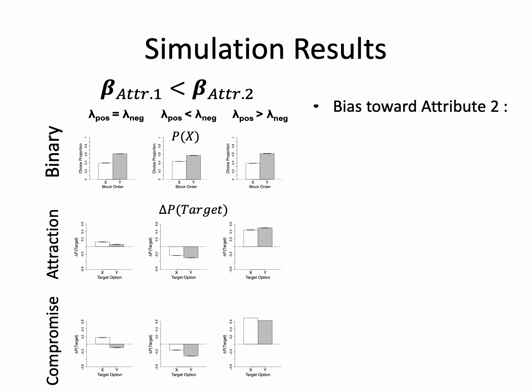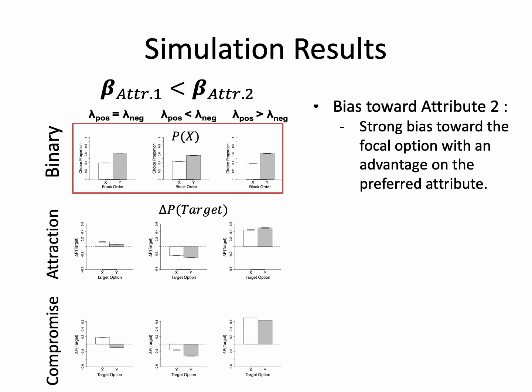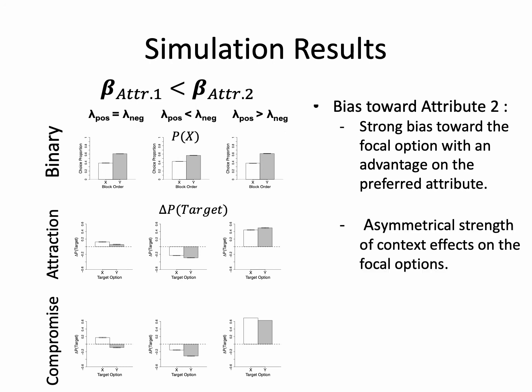When bias toward attribute 2 was introduced into the model, a clear preference for the focal option with advantage on the preferred attribute is observed. Context effects still emerged, but the strengths of the context effects were asymmetrical. Moreover, if the sensitivity to the advantageous comparisons was relatively stronger than to the disadvantageous comparisons, the simulated context effects were stronger for the preferred focal option, which qualitatively reflected the empirical results.